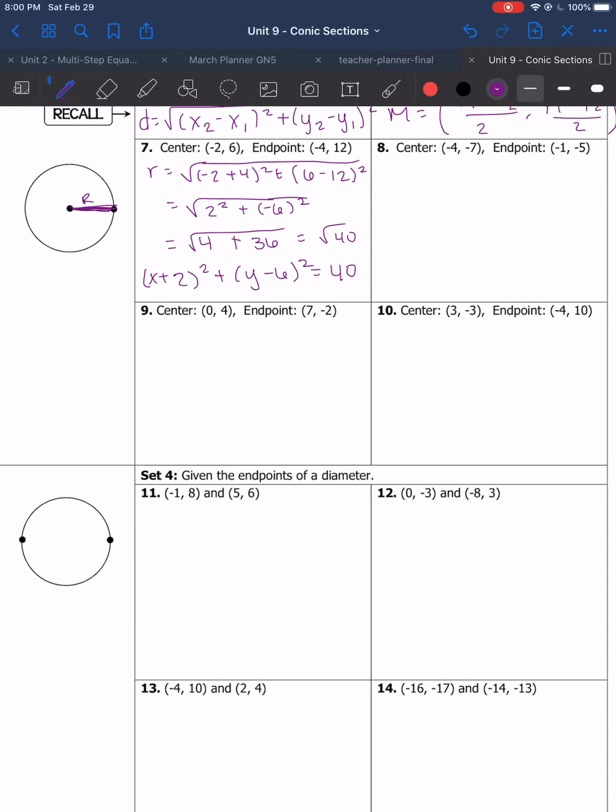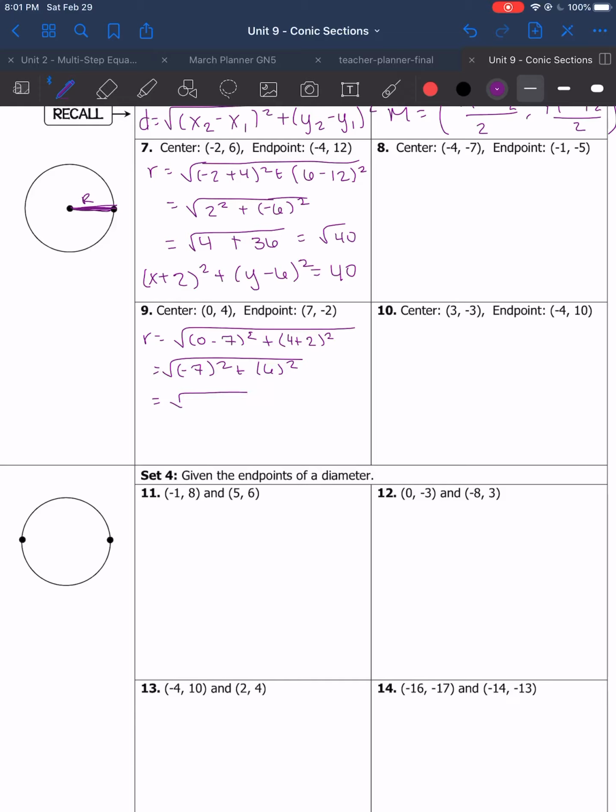If I want to do another one of these, I'm going to say the radius equals the square root of (0 minus 7) squared plus (4 plus 2) squared. So I get the square root of (-7) squared plus 6 squared.